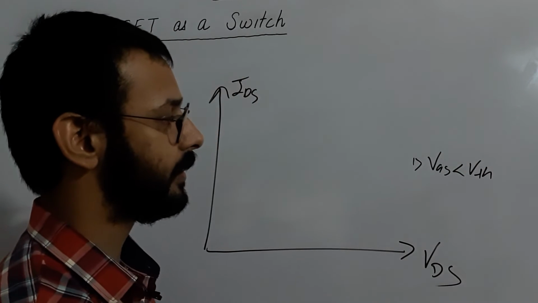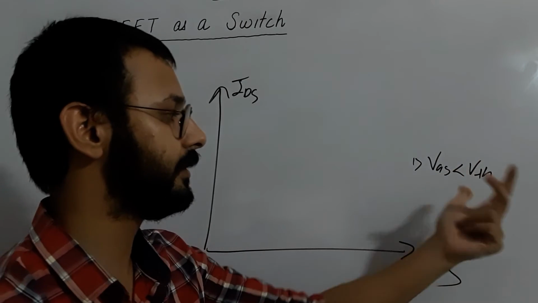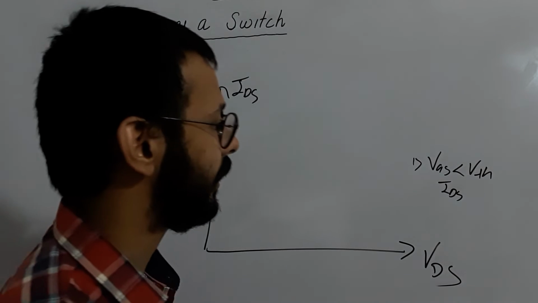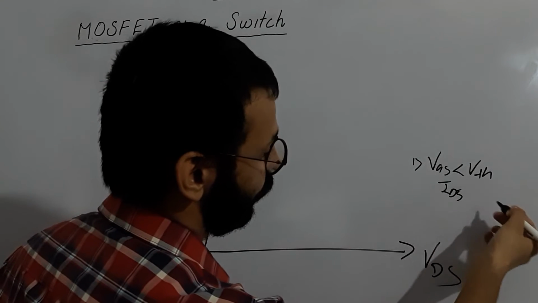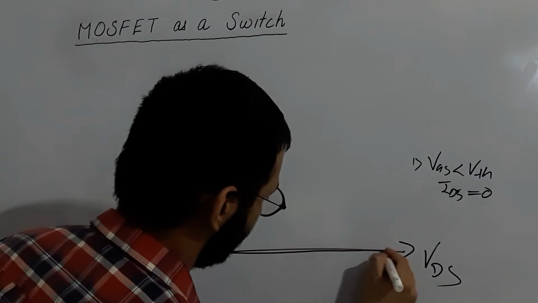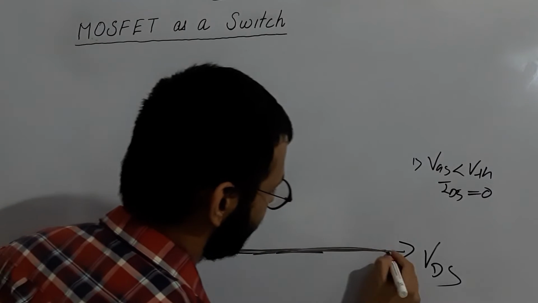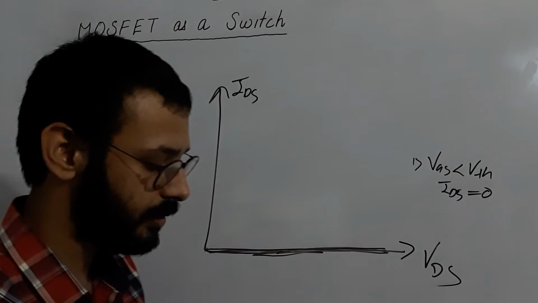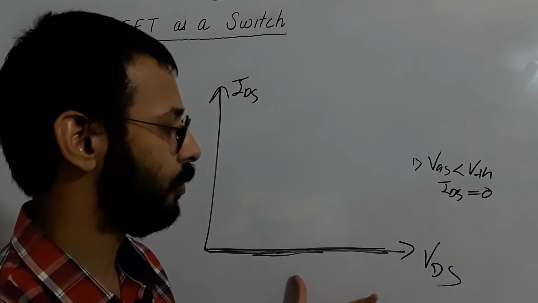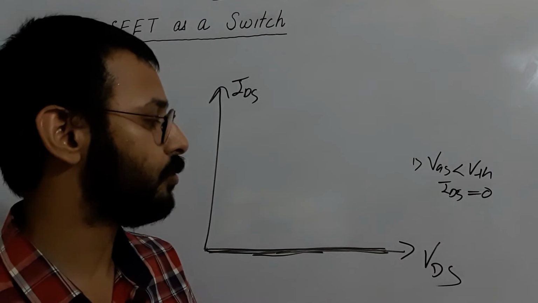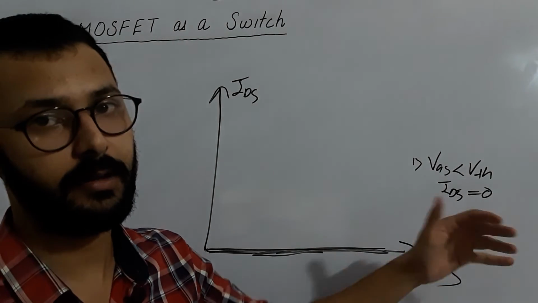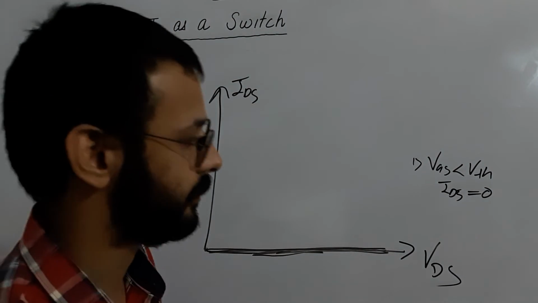When VGS was less than VTH, the gate voltage is always 0, it doesn't matter. Then our IDS is 0. So what will be the plot? It is like this. It doesn't matter what the VDS value is, because the circuit is open in this case.